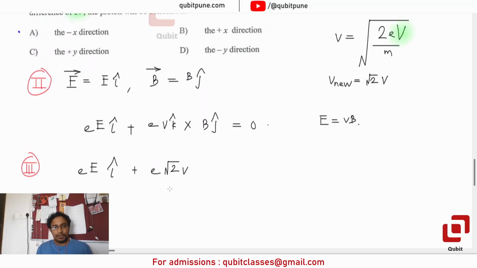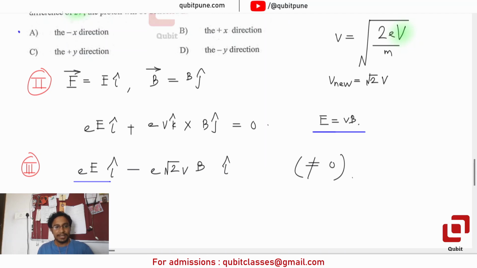So this is what I will now be doing: E i cap plus e root 2 vB with negative i. This is the net force now, and mind you, it's not equal to 0. Now look, eE is actually equal to evB.